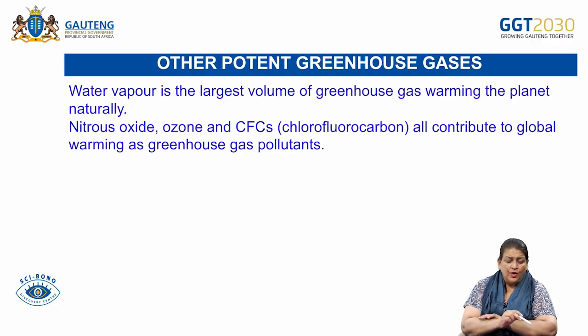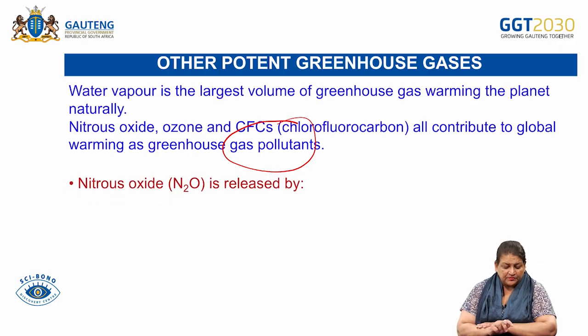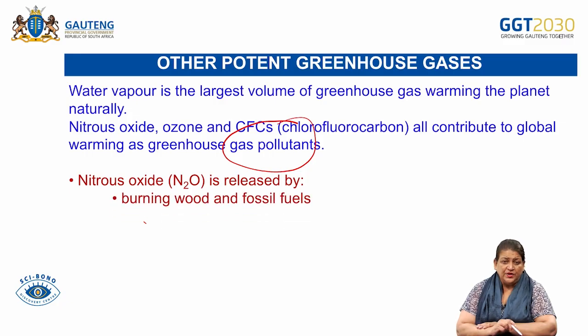But now, by releasing nitrous oxide and CFCs, these gas pollutants are going to destroy the ozone, which is protecting life on Earth. Right, so nitrous oxide is released by the burning of wood and fossil fuels, like certain petrols.